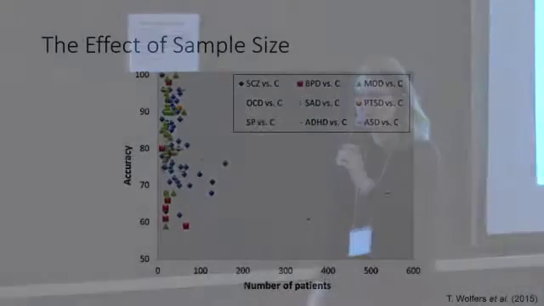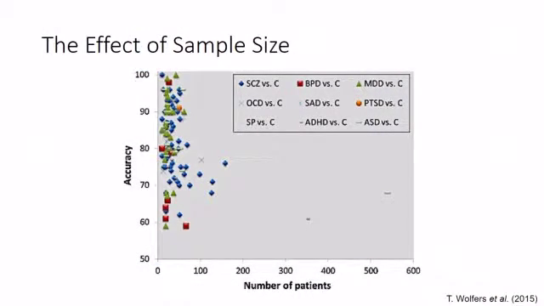And we see this effect of sample size, the problem with not having big enough samples, if we look at the literature and the models that have come out when we're talking about psychiatry in the past. So this is from a review paper, Wolfers et al. in 2015. And they were actually interested in classification studies that had come out in the past in psychiatry.